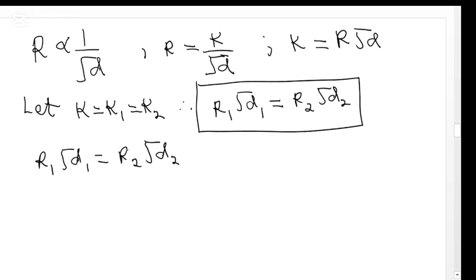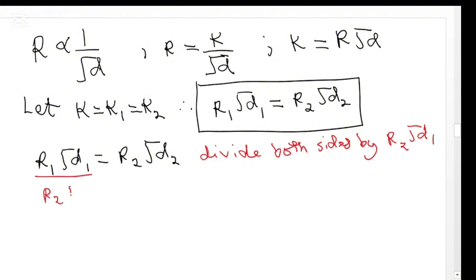So I can divide both sides by R2 square root of D1. This is going to be over R2 square root of D1 divided by R2 square root of D1.